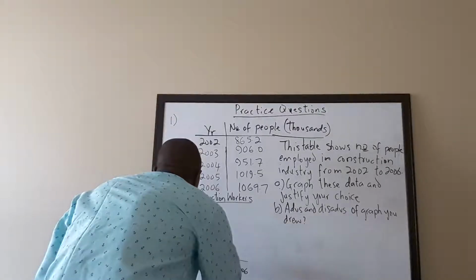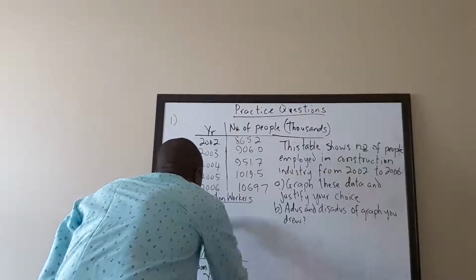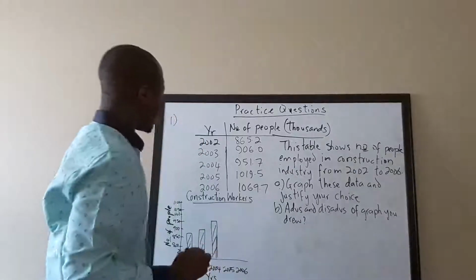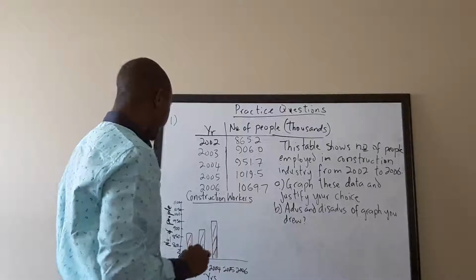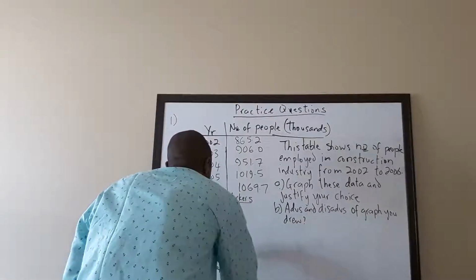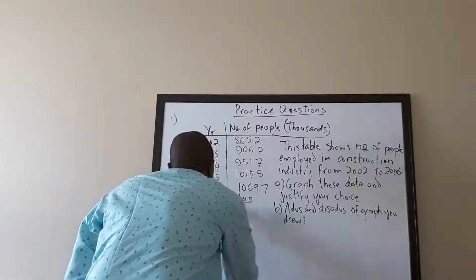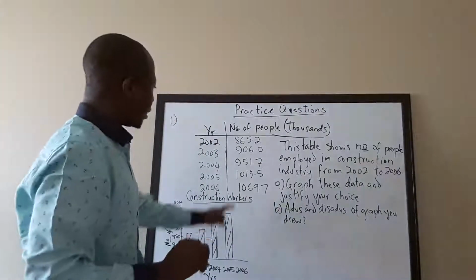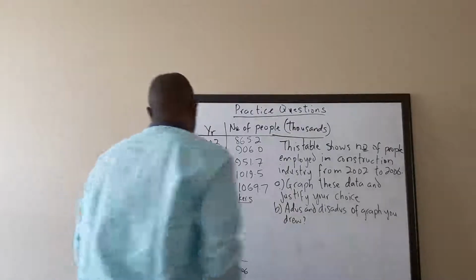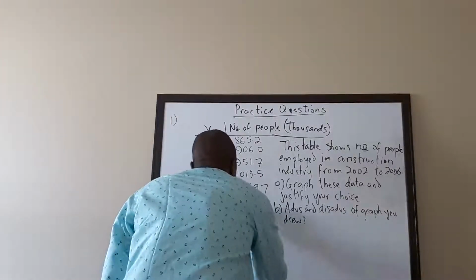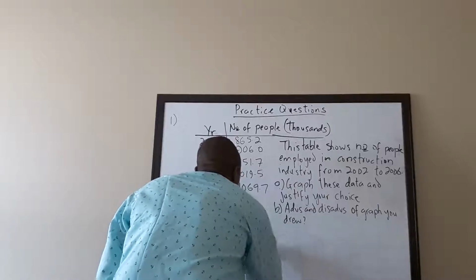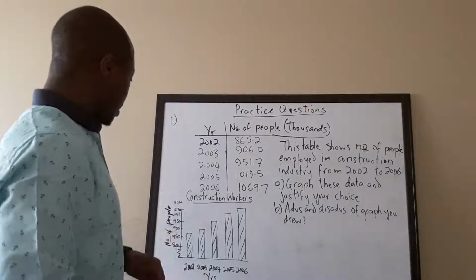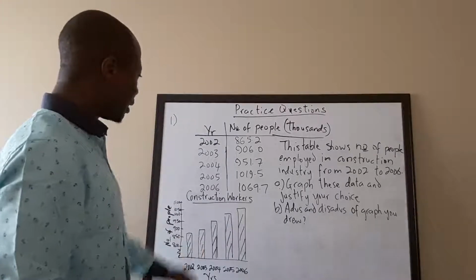So 951 for 2004. 1019 for 2005. 1069 for 2006. Like this. Yeah, and that's it.